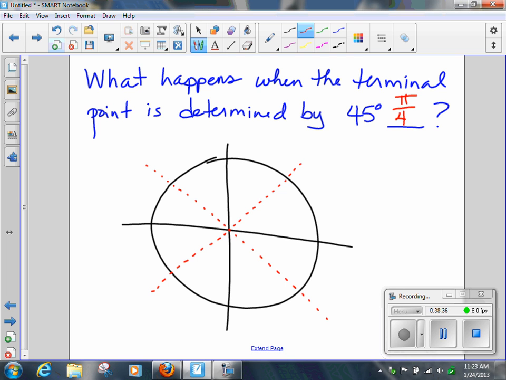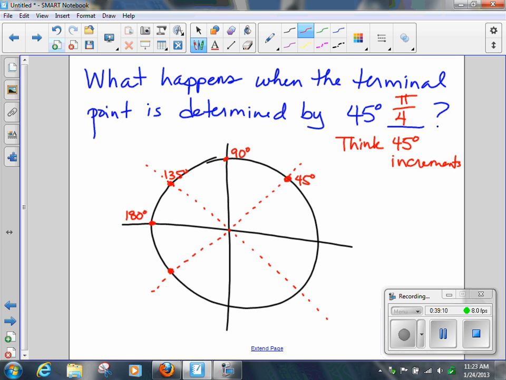Now, pi over 4 is exactly right. 45-degree increments. That's what you've got to think. So we're talking 45 degrees, 90 degrees. What's the next one? This just helps us think. 135, 180, of course.